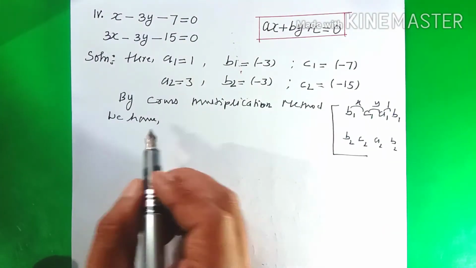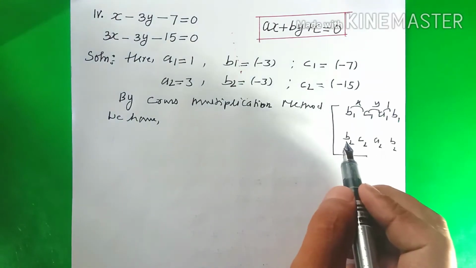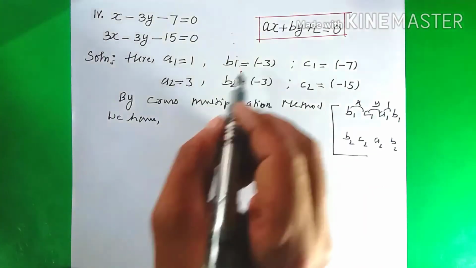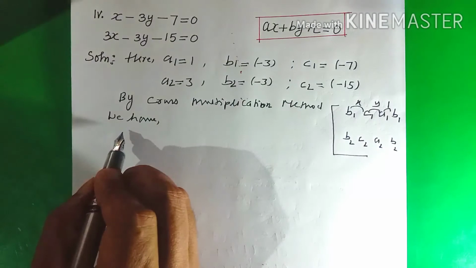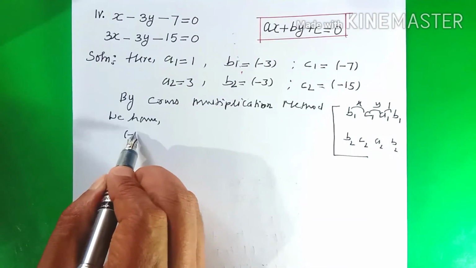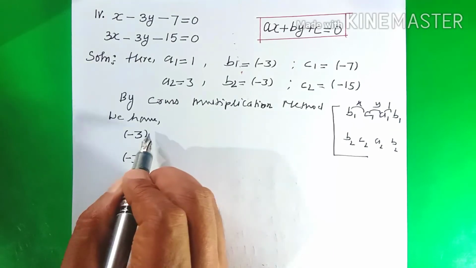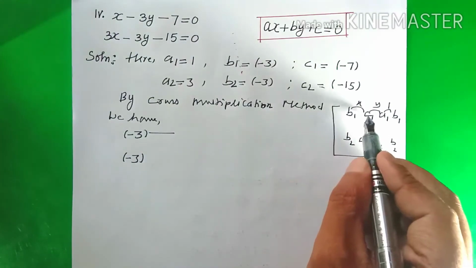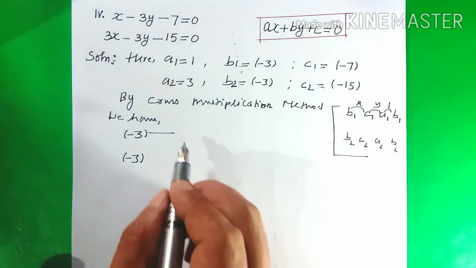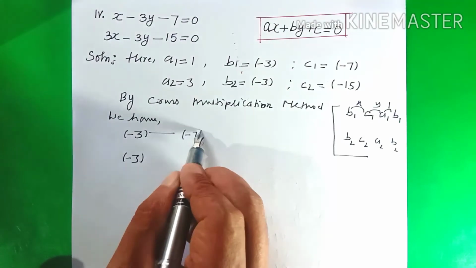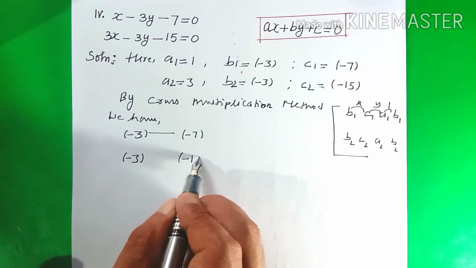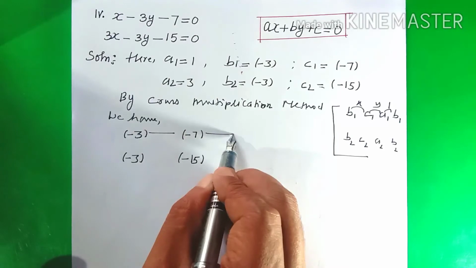We have b1 and b2, so the b values are minus 3 and minus 3. After that take c1 and c2, which are minus 7 and minus 15. Keep a space.